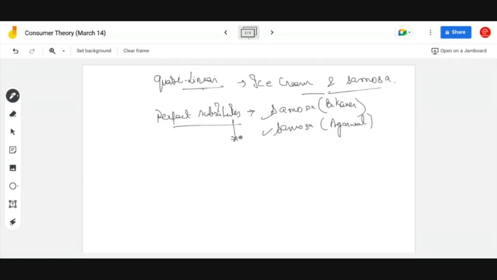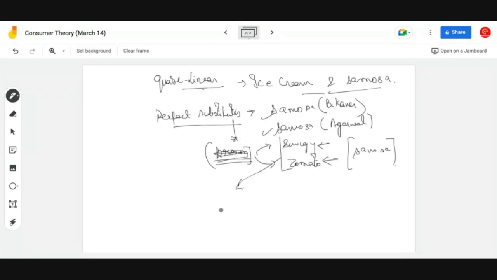Or for example, rather than broom, let's say we want to talk about Swiggy and Zomato. Does it make any difference whether you order from Swiggy or Zomato, as long as you get the same samosa? No, sir.